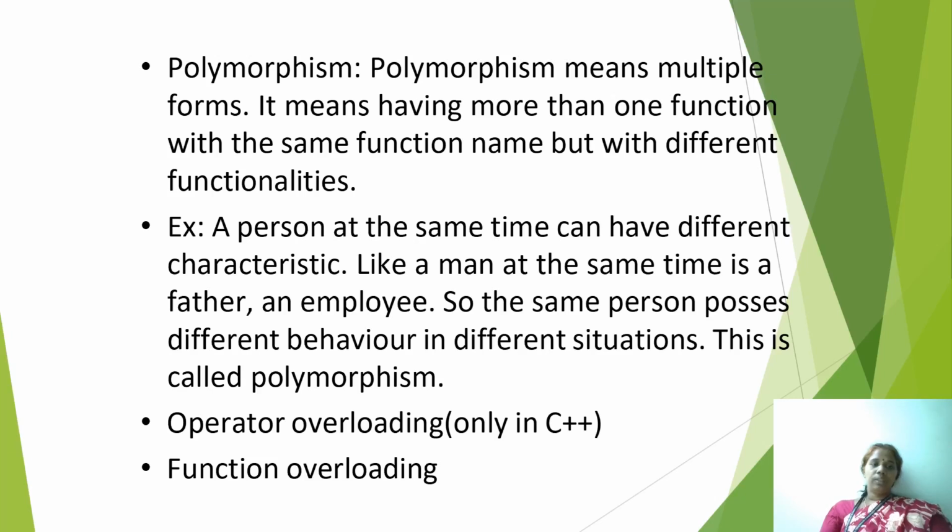For example, a person at the same time can have different characteristics, like a man who is at the same time a father and an employee. So the same person possesses different behavior in different situations. This is called polymorphism. Polymorphism can be categorized into two ways. One is operator overloading, which is used only in C++, not in Java. Another one is method overloading or function overloading.